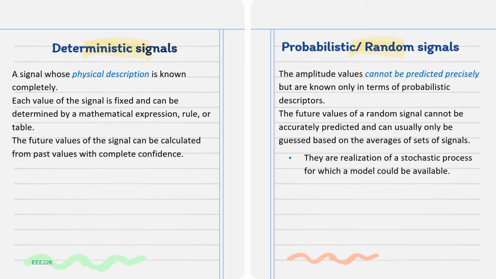So if we have probability functions, we can consider them as signals also. The future values of a random signal cannot be accurately predicted and can usually only be guessed based on the averages of sets of signals. There's a process called the stochastic process, which is used to evaluate or model probabilistic or random signals.